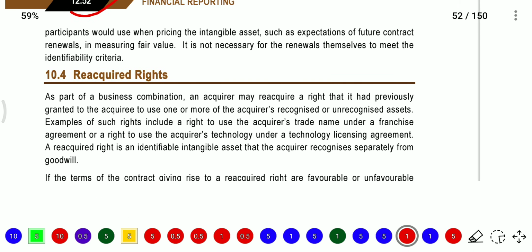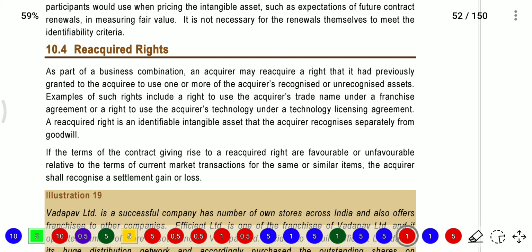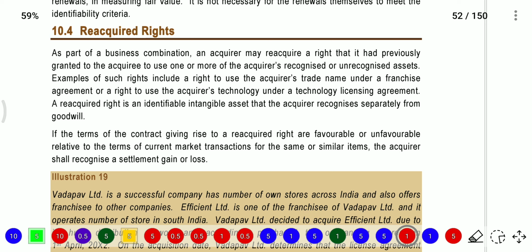Next, after that, reacquired rights. For reacquired rights, we will see what is part of business combinations. What is the acquirer going to reacquire? If we have any reacquired right, how can we account for it in the books of accounts?